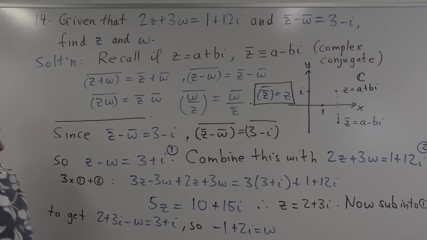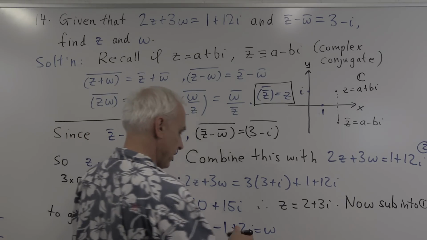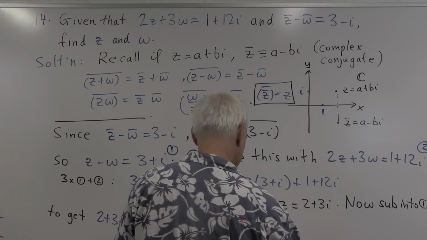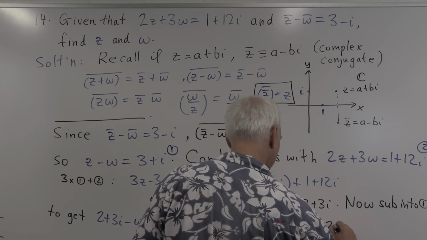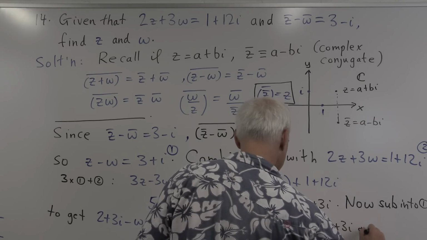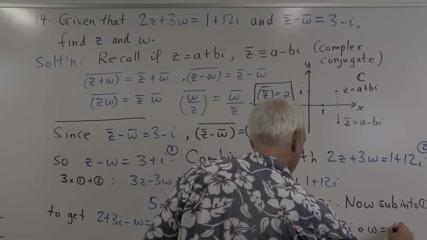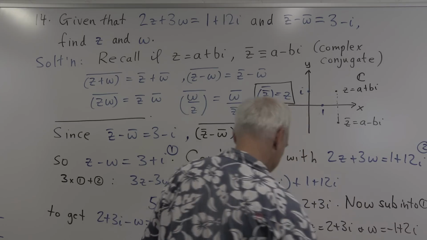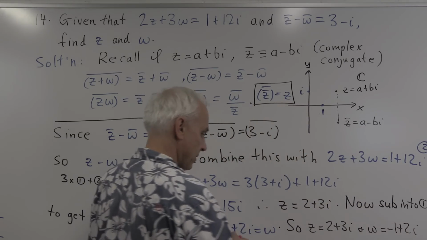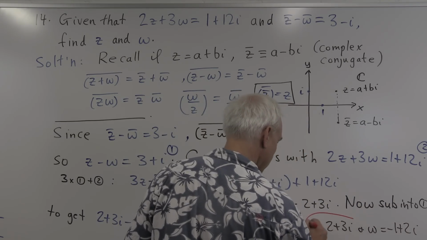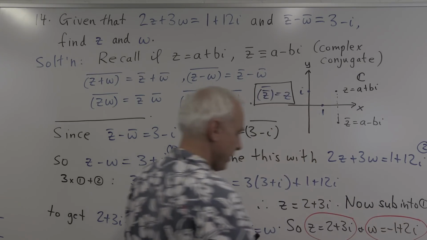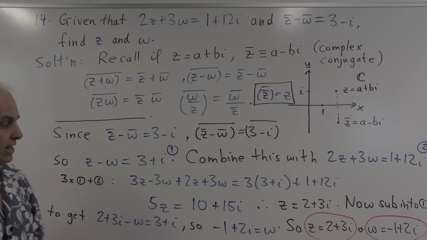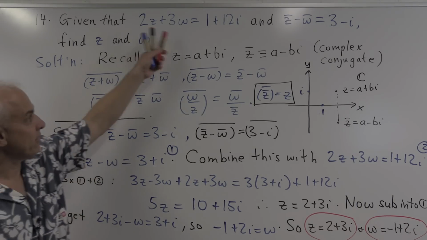All right, so altogether, we'll summarize our results: z equals 2 plus 3i, and w equals minus 1 plus 2i. And there we found z and w satisfying these two equations.